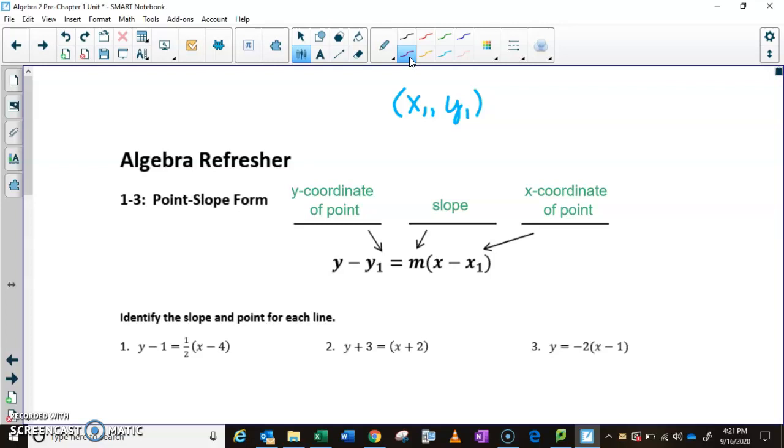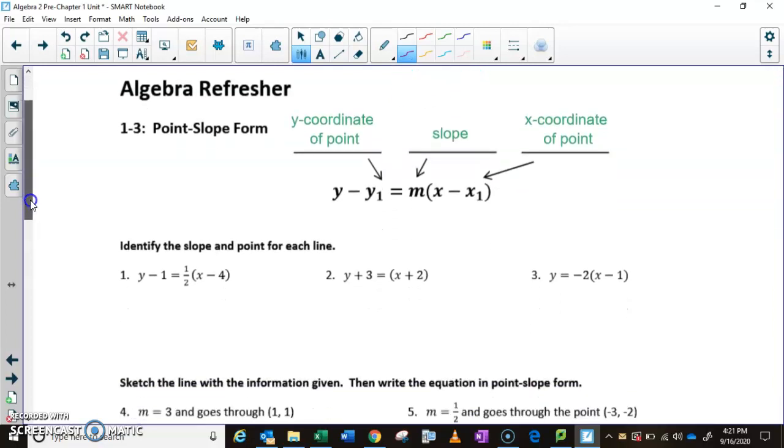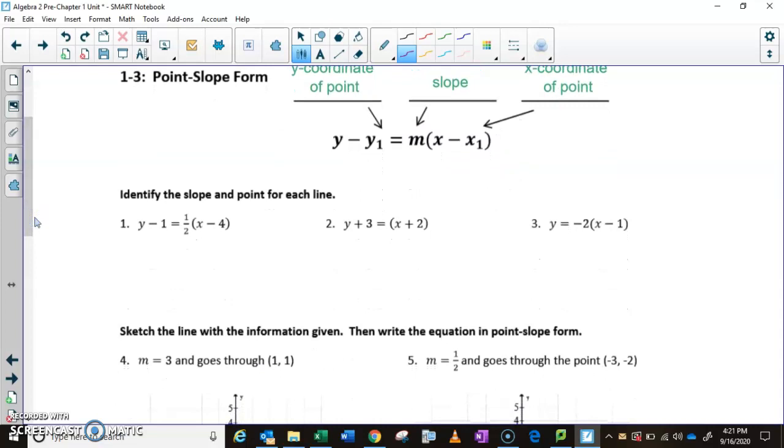At first, to review, it might be helpful to write the general form, y minus y1 is equal to the slope times the quantity x minus x1, above the equation. If you find that helpful, please do so. If not, you can go right to identifying the pieces of your equation.